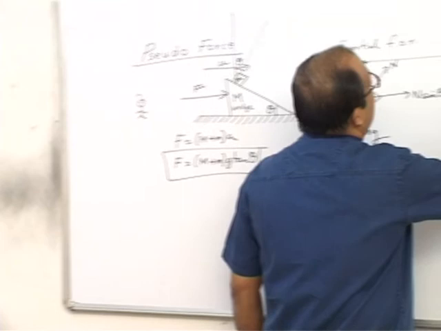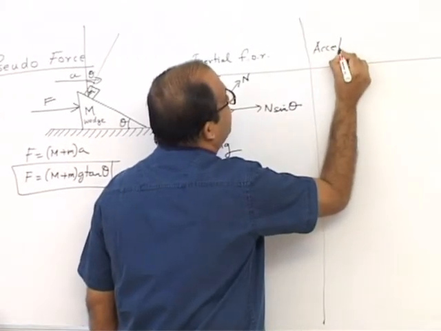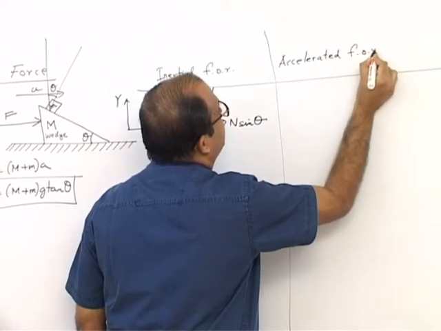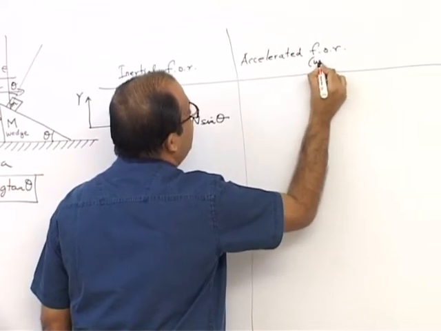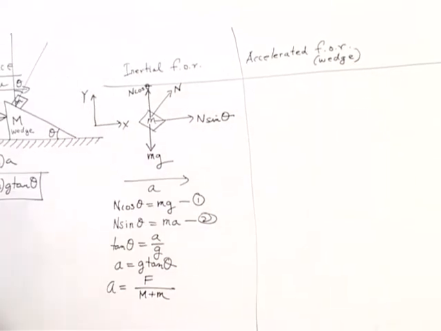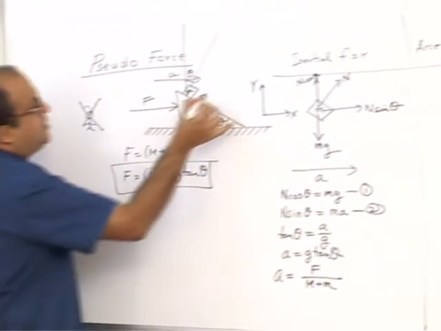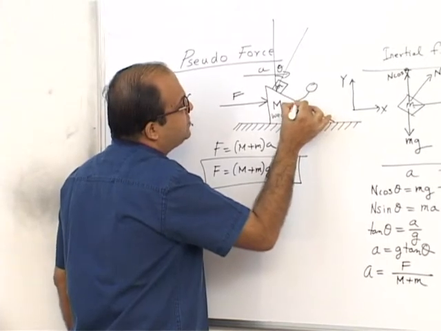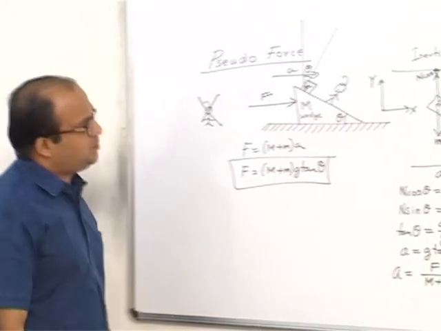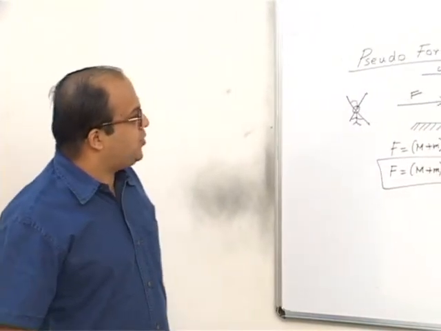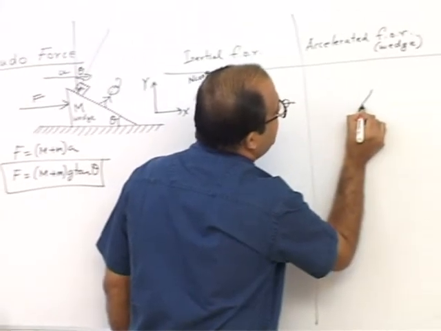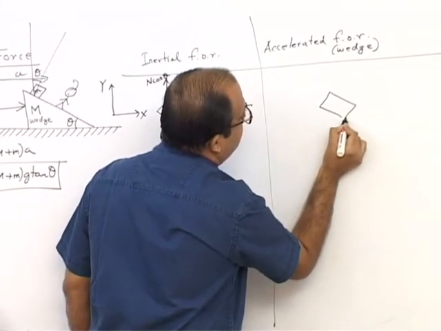Now we are going to take an accelerated frame of reference. That means our frame of reference is the wedge. Now the observer is not sitting here. The observer is on the wedge. Now if you try to draw the free body diagram of small m, what are the forces acting on small m?